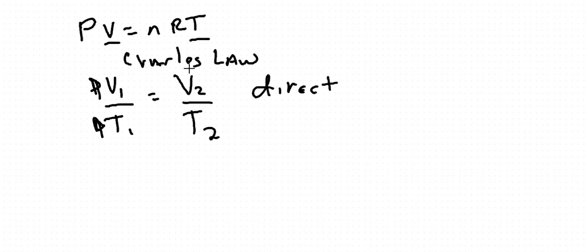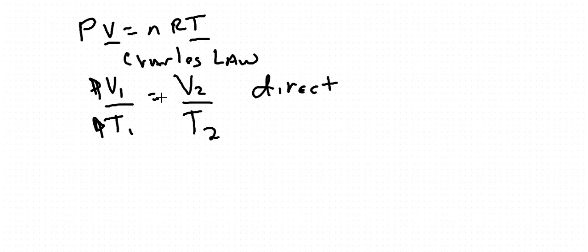The reason that happens is that the kinetic energy of the gas molecules is bigger. So in order to actually keep your pressure the same, you have to increase the volume, so the distance that they cover is going to be a bigger distance.